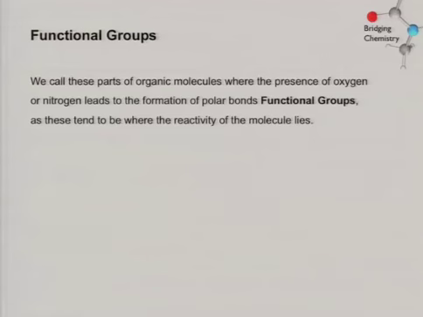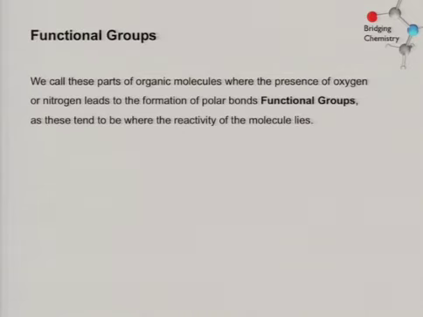So polar bonds tend to be the things which cause organic molecules to be able to react. So we call these parts of the organic molecules, where the presence of oxygen or nitrogen leads to the formation of polar bonds, functional groups, because this is where the reactivity of the organic molecule lies.